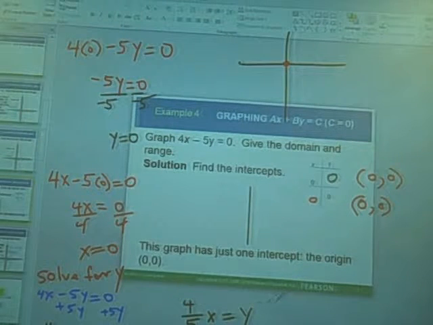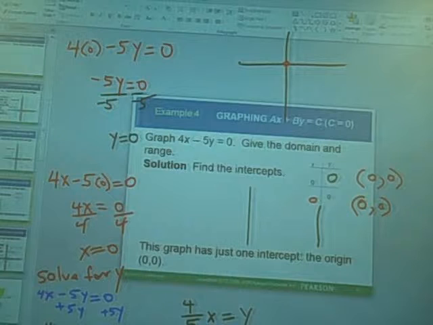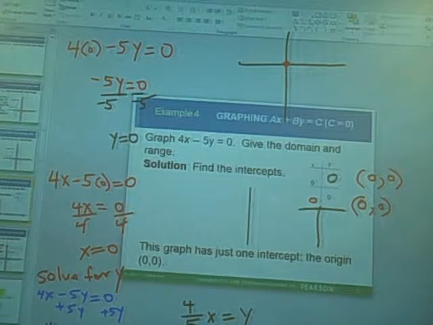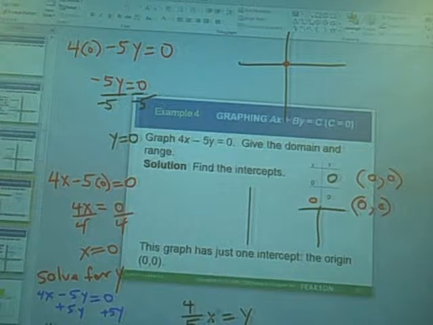All right. Now, you have this table of values. We need another point. Well, in this case, since y equals 4 over 5 x, we want a number for x where we can get rid of that denominator, so that we can substitute that in and eliminate the denominator.